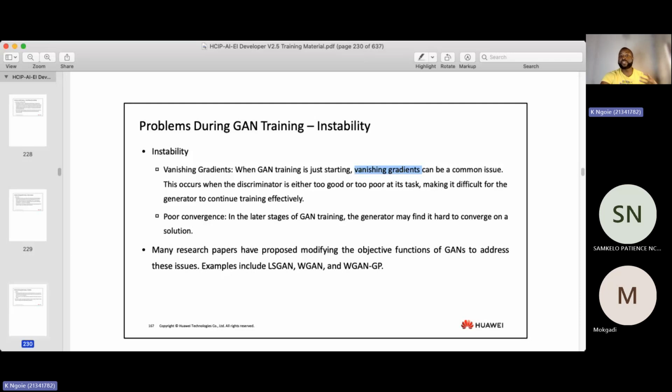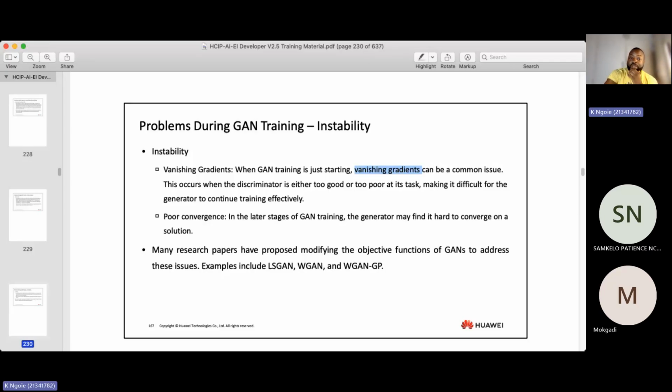These gradients tell the generator how to adjust all its weights in order to produce more realistic data. So if the gradient becomes very small, very close to zero, then the generator stops learning. So now we're having a vanishing gradient problem.